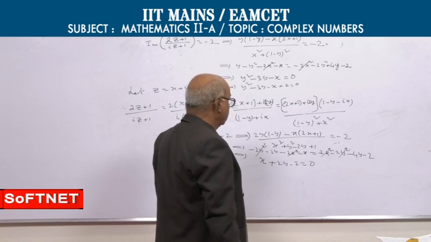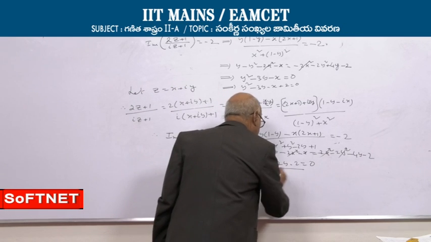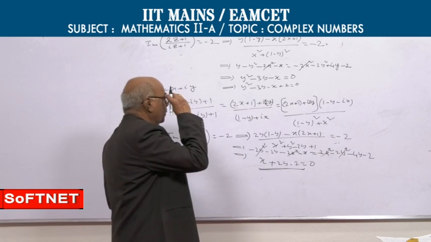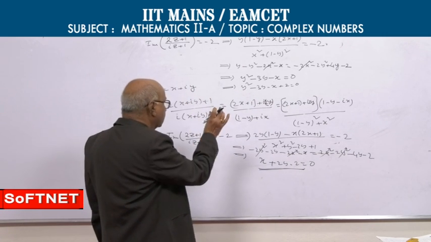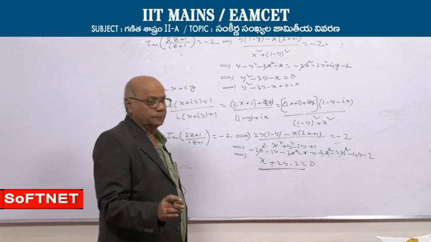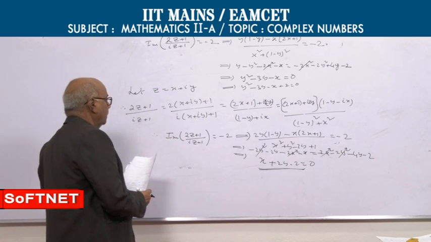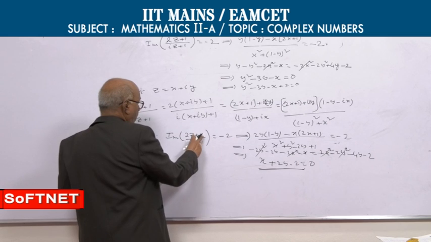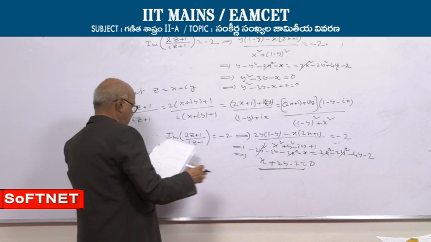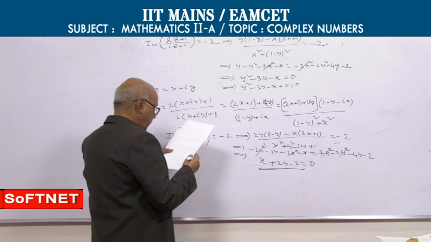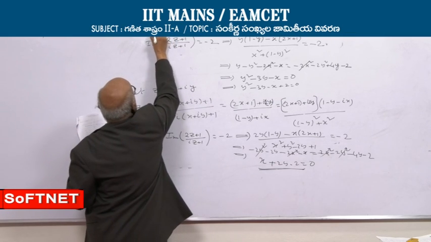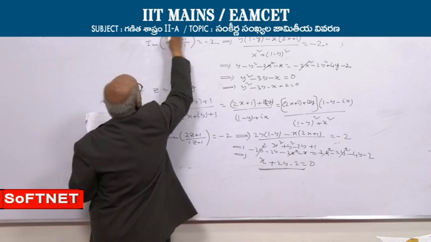So x plus 2y minus 2 is equal to 0. So z lies on the line x plus 2y minus 2 equal to 0 itself. Here you only have to take care of the simplification, no techniques, no use of mind, just arithmetic part, calculations. So if imaginary part of 2z plus 1 by iz plus 1 is equal to minus 2, then z lies on this line. So that means, see what is the option? Option number 2, answer is option 2.